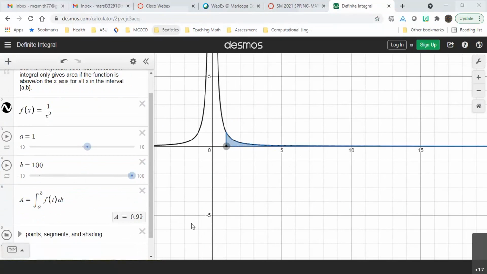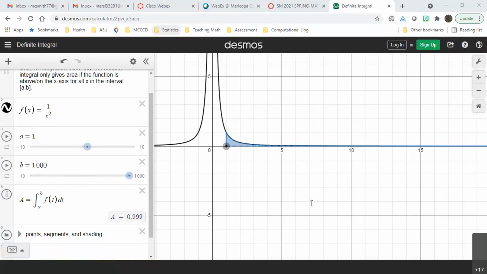So you can see this value as x gets larger is approaching 1. I can even change this limit and make it 1,000, and I'll step it in 10 because I don't want to break Desmos. Push it all the way out. Now I've got 3 nines. See how the area is approaching 1.